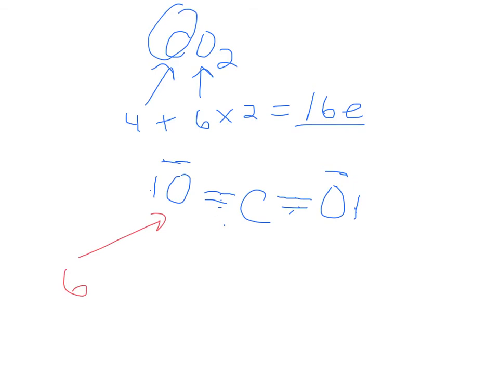So this is the number of valence electrons that it came in with. And notice that oxygen has 2 plus 2, so that's 4. And then for any bonding electrons, again, this is 4 electrons that are being shared between the oxygen and carbon, but we're going to count half of those, because it's being shared. So instead of counting 4, we'll count half the bonded number of electrons, which would be 2.